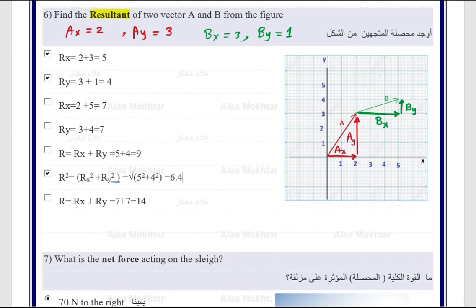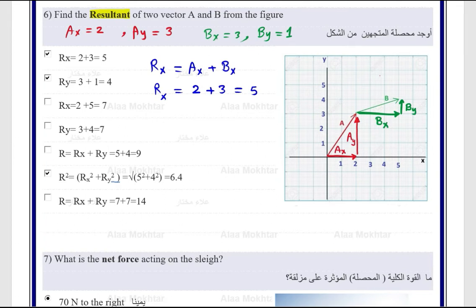He asked about the resultant. Find the resultant. The resultant is R. Rx equals Ax plus Bx. It equals 2 plus 3, which is 5. So the resultant in the X direction equals 5.